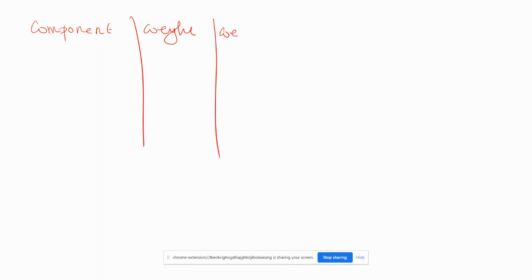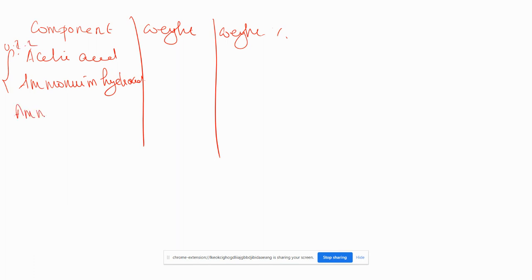Acetic acid is the unreacted reactant. Ammonium hydroxide is the unreacted reactant. And ammonium acetate and water are the products produced.